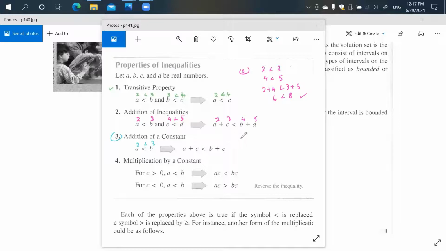Constant means you can add any number, that means you add the same number to both sides. If I add, say, 1 to both sides, then it becomes 3 less than 4. That's one that shows up a lot in the SAT. But now the last one, number 4, is really, really important.